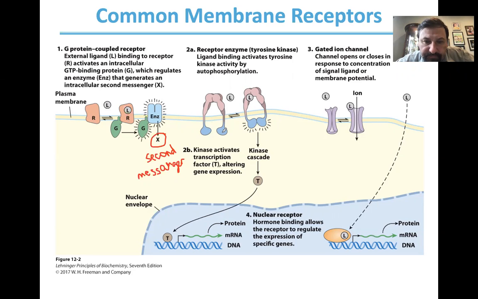So this will be the enzyme, let's say, and this will have a free hydroxyl of tyrosine. And so this enzyme will phosphorylate this free hydroxyl and result in a phosphate on the tyrosine.